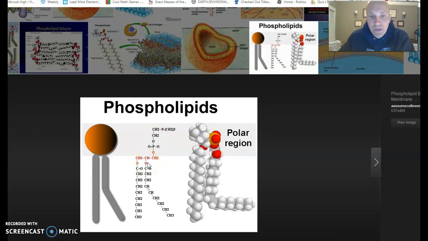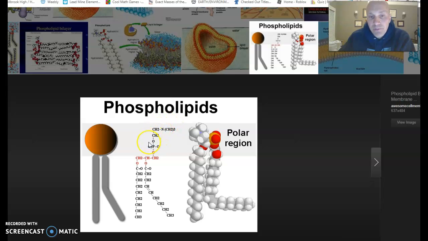What makes a phospholipid different from a standard lipid is that instead of having three fatty acids, you have two fatty acids, and then that third glycerol hydroxyl group has a phosphate group connected to it, and this part of the molecule right here is what's called choline.